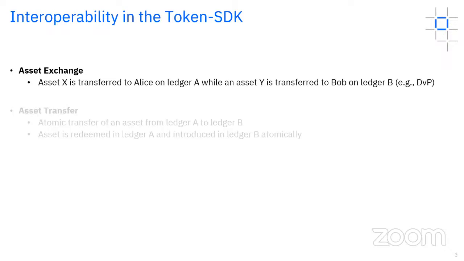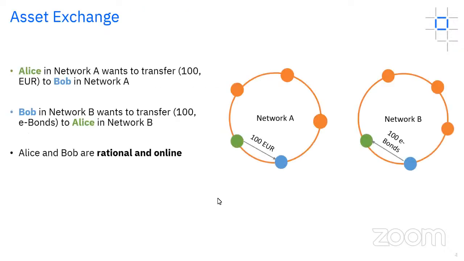So the first thing we will start with is asset exchange. We start with an overview, the basic use case that we try to address when we talk about asset exchange. Here we assume that we have Alice and Bob. Alice is in network A, and for simplicity, this network is for euros.